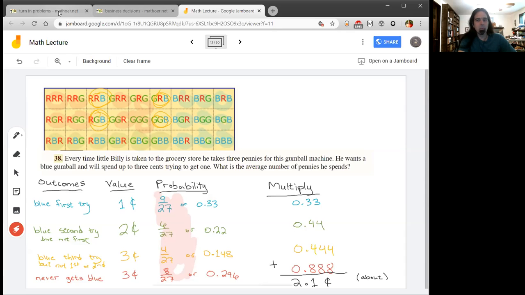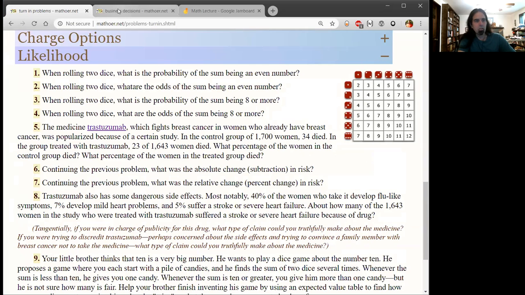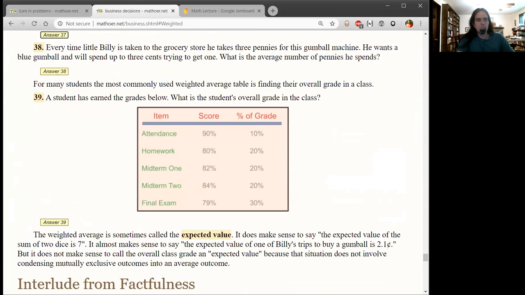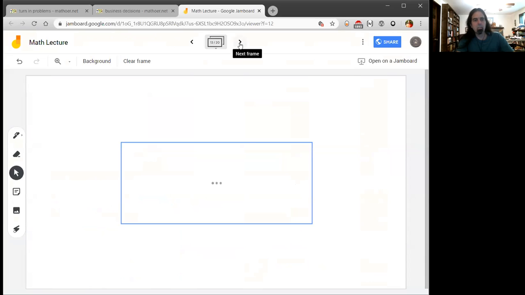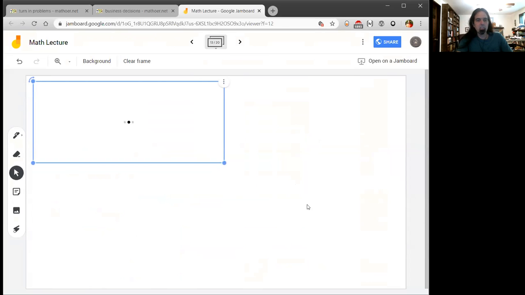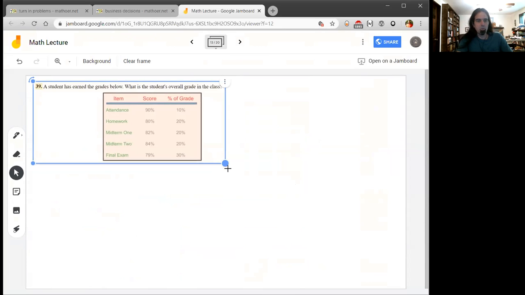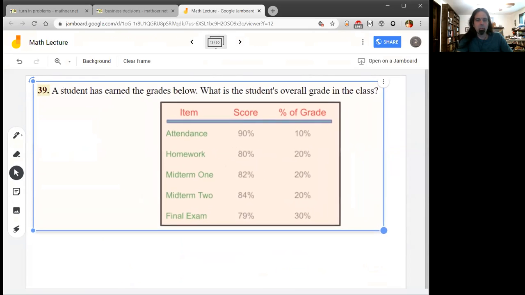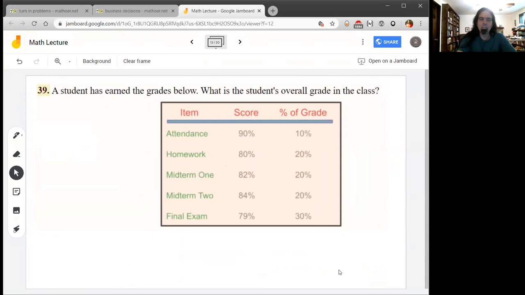So the reason people in college care most about this is the same thing happens when you have grades with weights. It's kind of nice to know that Billy spends 2.1 cents on average, but you don't care about Billy. What you care about is something like this.